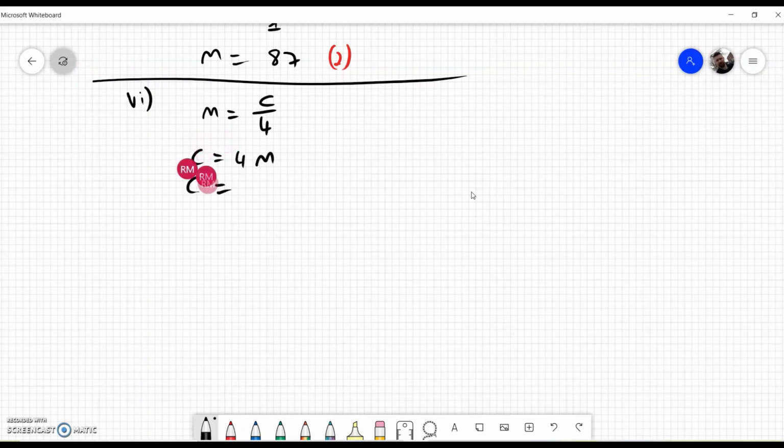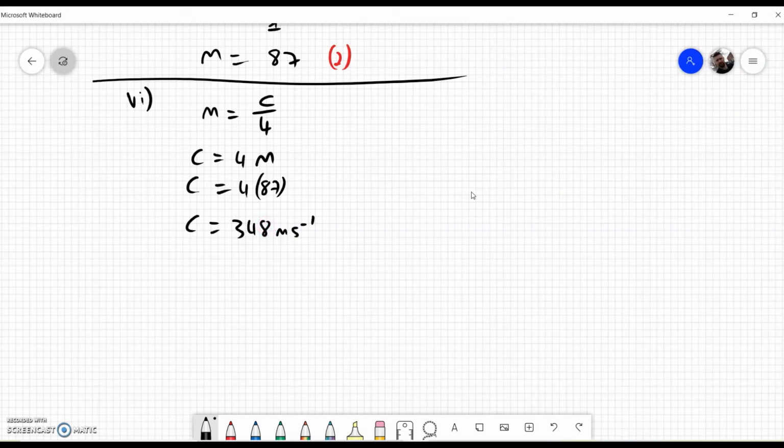So the speed of sound in this case is 4 times 87. And when I multiply 4 by 87, then my speed of sound is 348 meters per second.